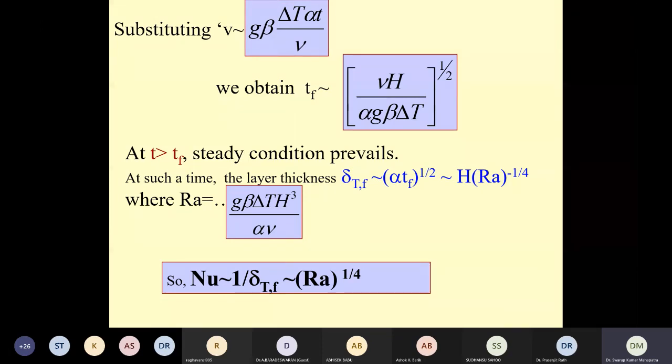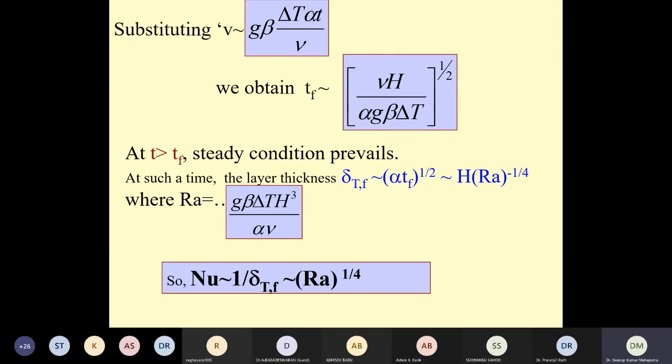We need some experimental work to support what the value of k should be. Otherwise, we have to undertake numerical investigation to find out the value of k, to predict Nusselt number in a deterministic form in terms of Rayleigh number.